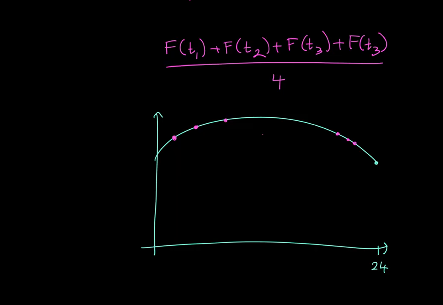Here's the first one, f of t1, f of t2, f of t3, and it continues to f of t sub n minus 2, then f of t sub n minus 1, and last but not least, f of t sub n.